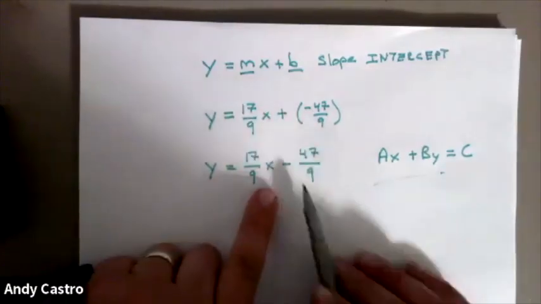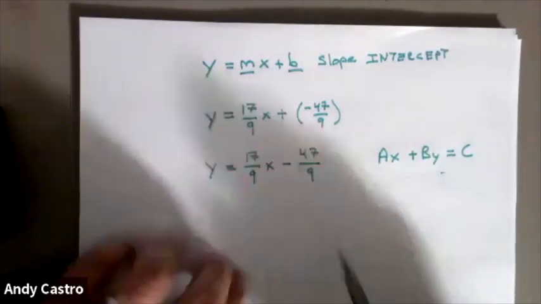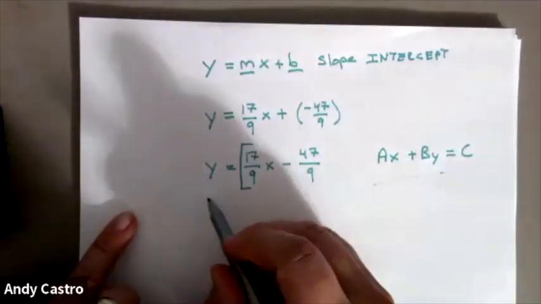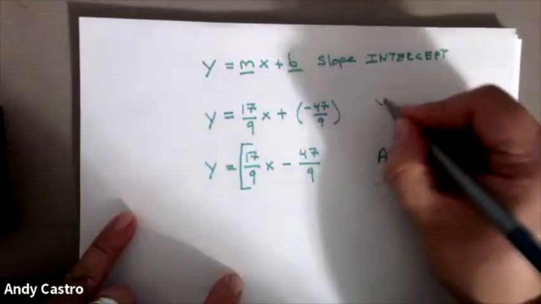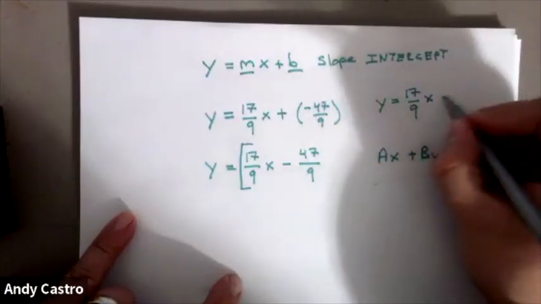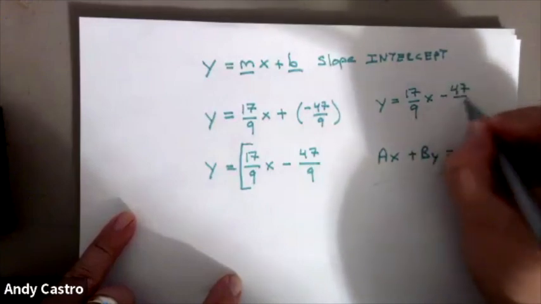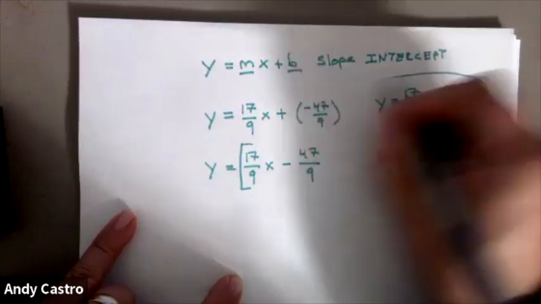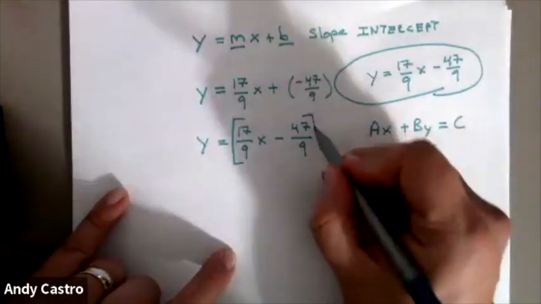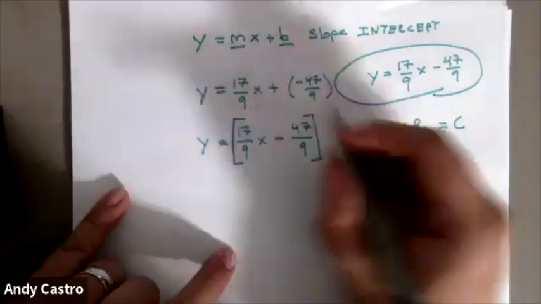Actually, let me go ahead and label this so that you guys in your notes don't get confused. This is slope-intercept form. All right, so now what I'm going to do is convert it to standard form.